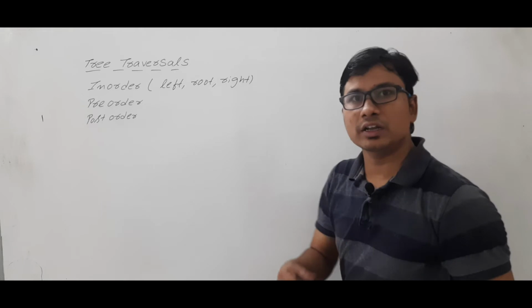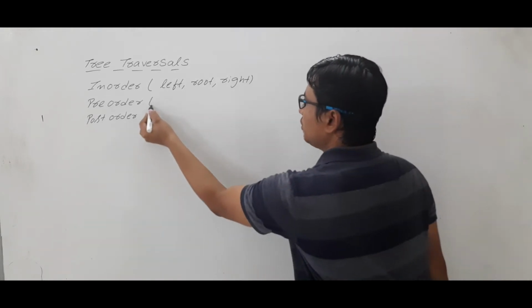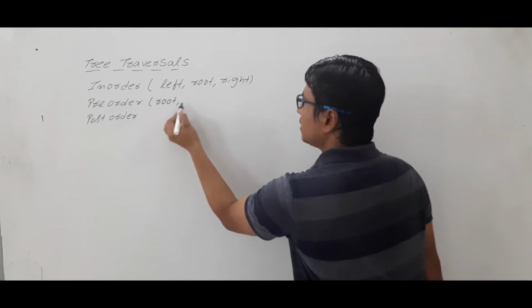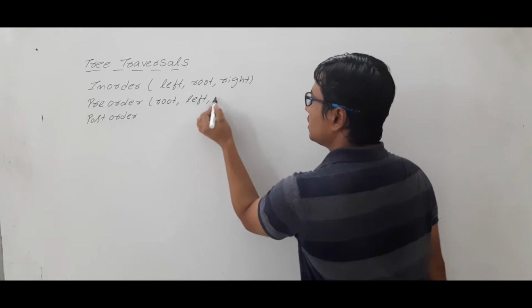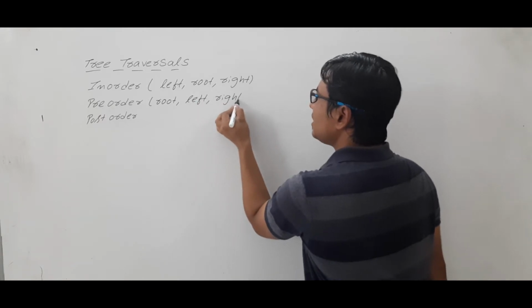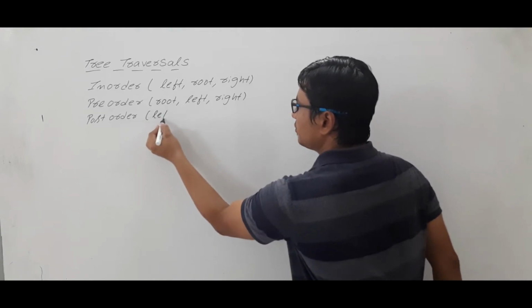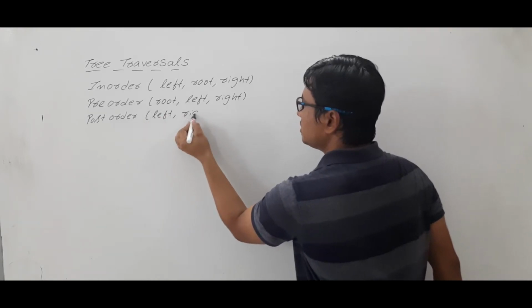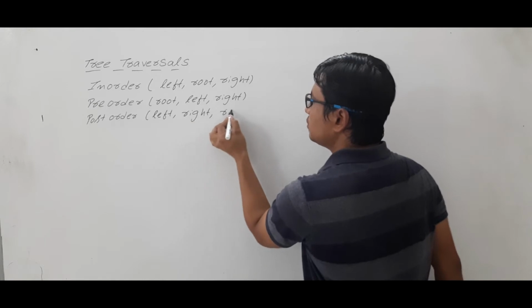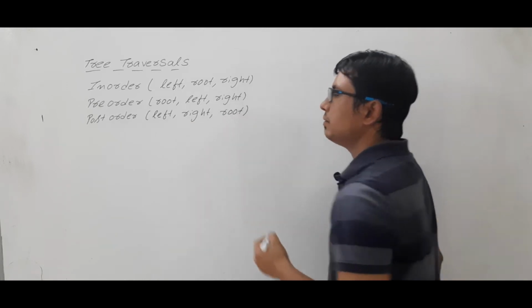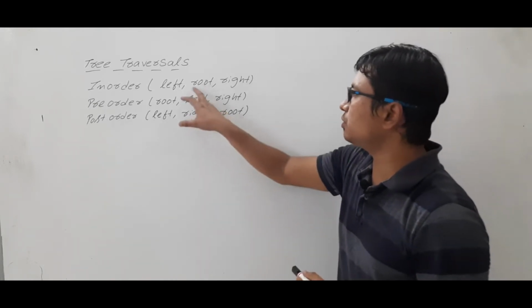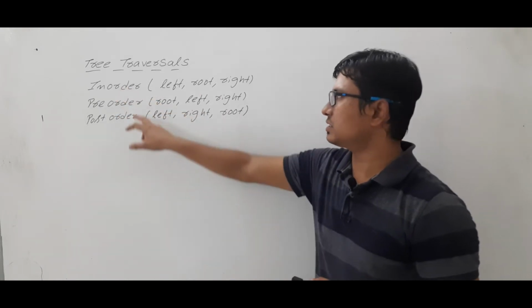If it is pre-order, you will have the root, then left, then right subtree. If it is post-order, you will visit the left subtree, then the right subtree, then you will visit the root node.